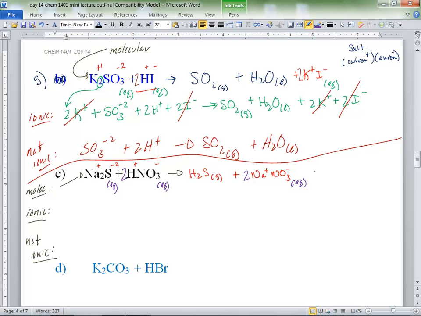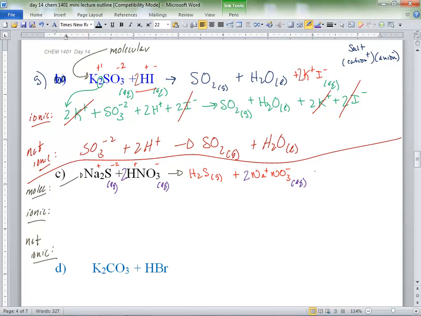Since it's a strong acid, you have to break it up. It's the weak ones you don't. So you have to definitely break it up. It's into 2 H pluses plus 2 NO3 minuses. And then that's it.